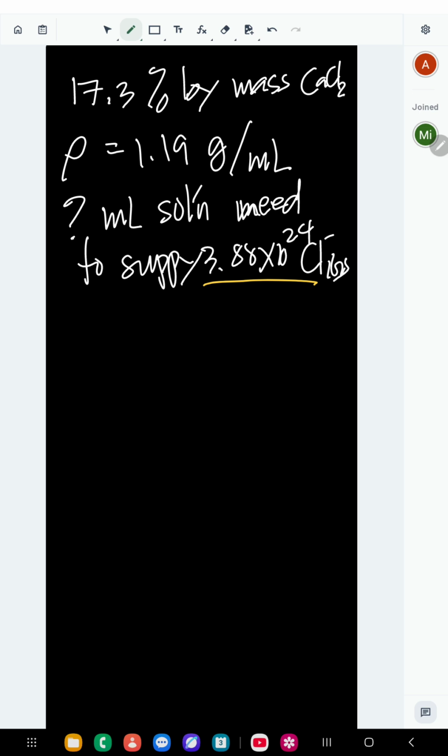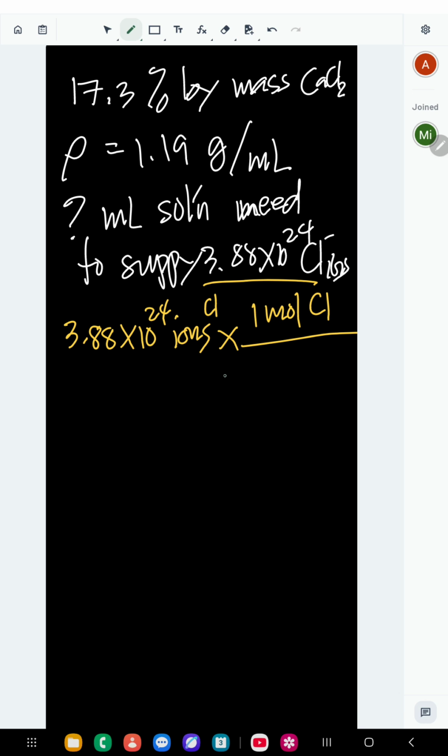We get the number of moles. So that is 3.88 times 10 to the 24 ions times 1 mole per Avogadro's number, 6.022 times 10 to the 23rd ions.